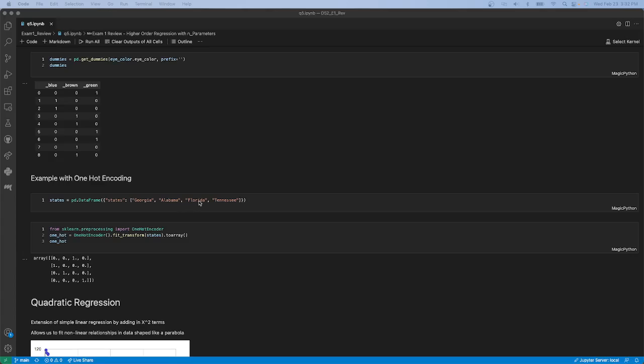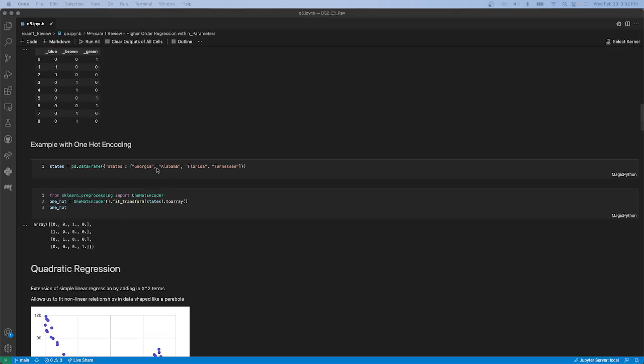We have Georgia, Florida, Alabama, Tennessee, and if we were to go on and on, all the states, there would be 50 different states, and each one would be unique. So in this case, we can use what's called one-hot encoding. This is a neat library function where it will just take your data set and transform it into a one-hot encoded array for you, which is super nice. Saves a lot of time.